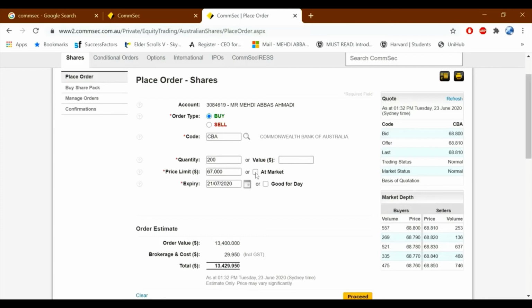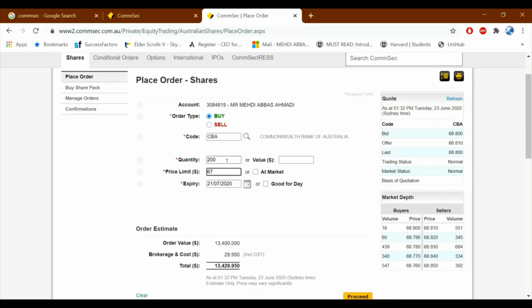If you click at market, that's the price at that specific time, the market price. If you put at market, it's going to charge us $68.80, but you don't want to do that because sometimes, especially during these times, it's a bit volatile. So you want to set your own specific price that you want to buy at. So let's say $67.